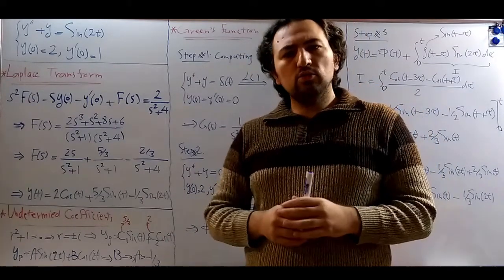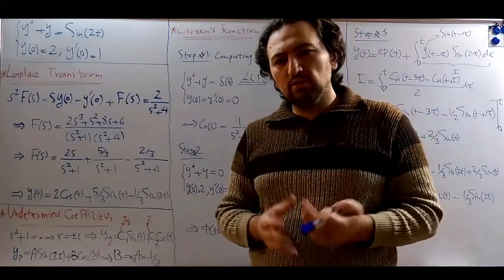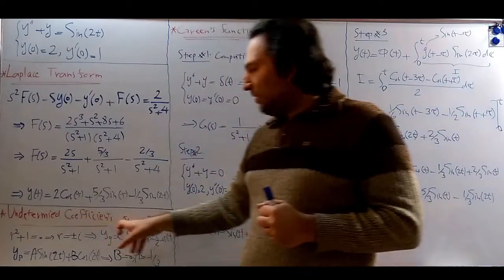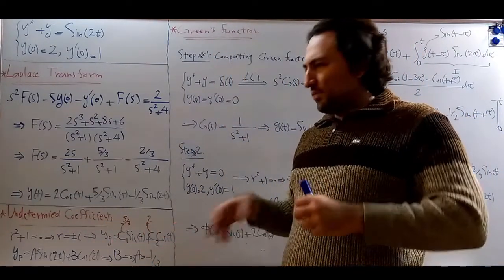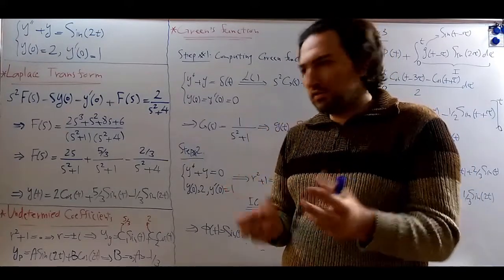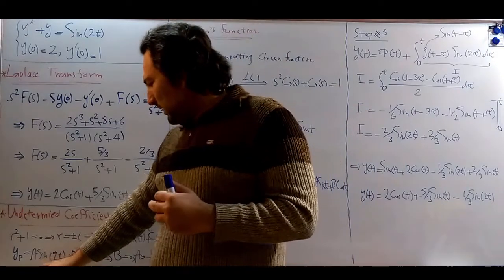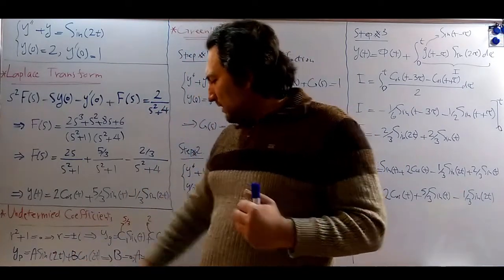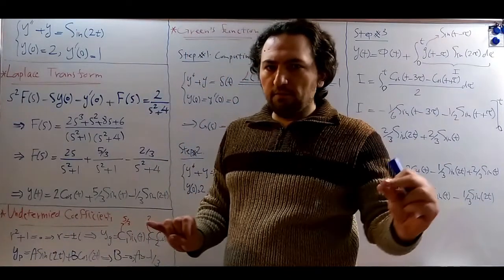And then you must find a particular solution of the non-homogeneous equation using the undetermined coefficient technique. Here I will present a candidate for the particular solution, which is a combination of the sine function and the cosine function with two undetermined coefficients.